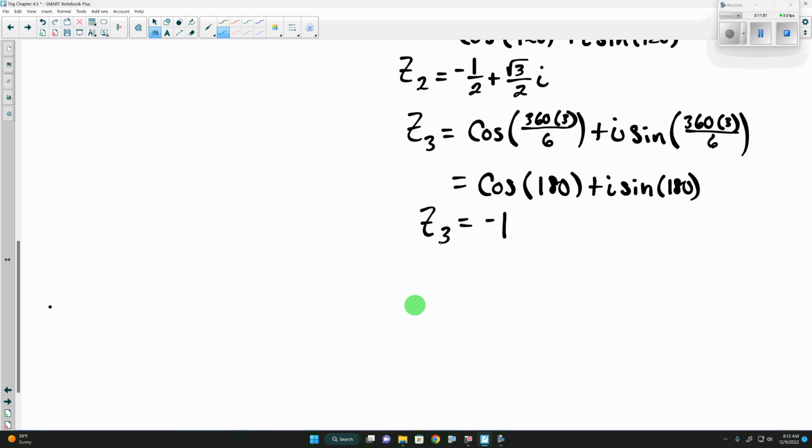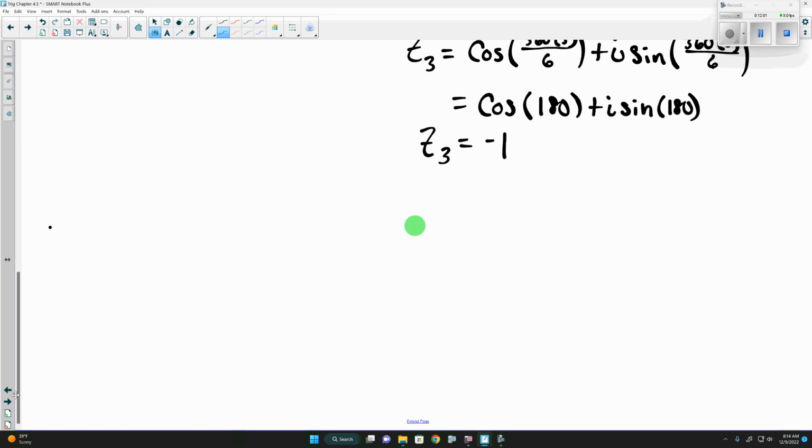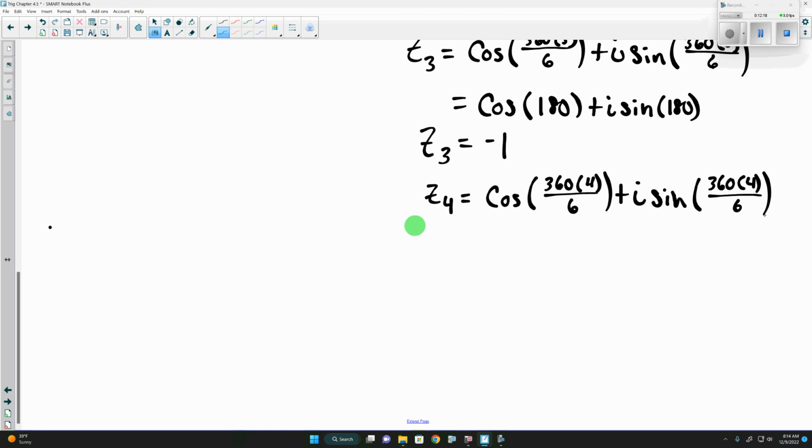Okay. Any questions on 1 through 3? Are we ready for number 4? So we'll have cosine of 360 times 4 over 6 plus I sine of 360 times 4 over 6.